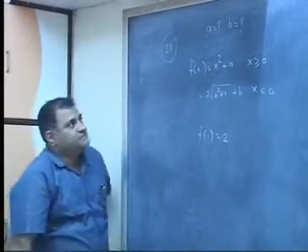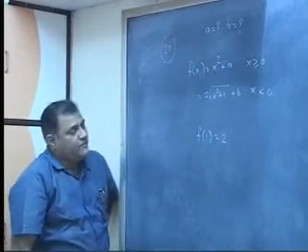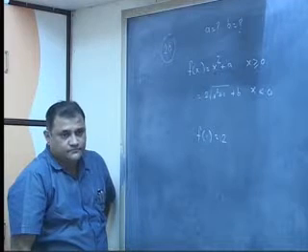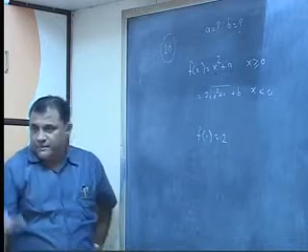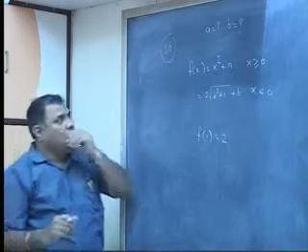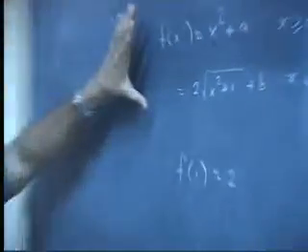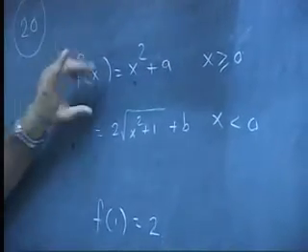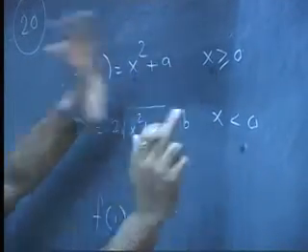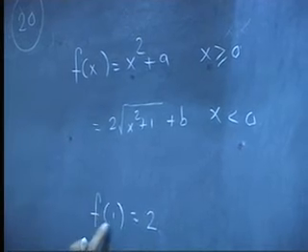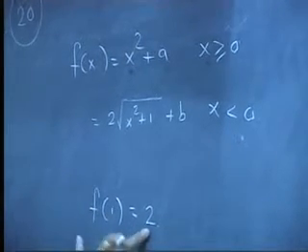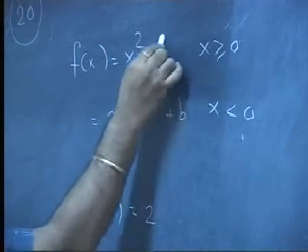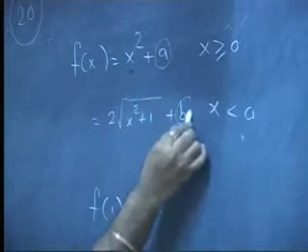So please understand the question. They have given you the function is continuous at 0. They have also given you f of 1 is equal to 2. And our job is to get the value of a and b.